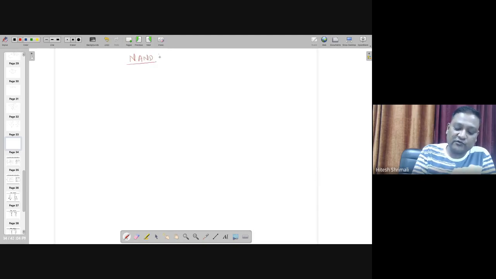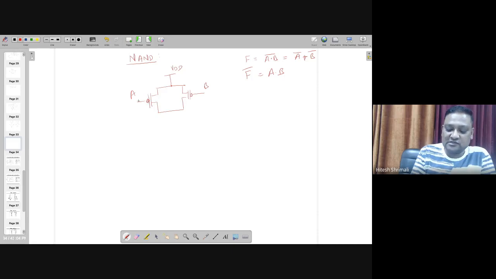You also can try along with me. In the NAND gate, first of all, F is actually A and B, which is equal to A bar or B bar, and F bar is nothing but A dot B. In this case, you need to make the power up network with PMOS devices where the OR logic is there, so both transistors will be in parallel and connected to VDD, whose inputs are A and B. Because of the bubble, the effective input going into this transistor is A bar and this side is B bar.